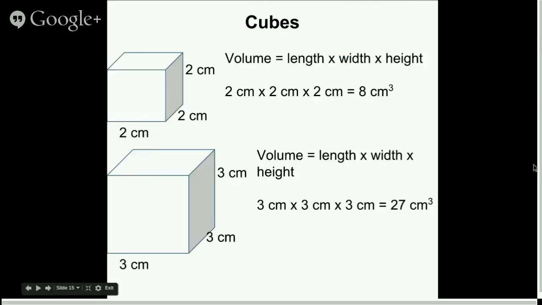Volume is length times width times height. So the volume of this cube is 2 cubed, 2 to the third power. The volume of this cube is 3 cubed, 3 to the third power.